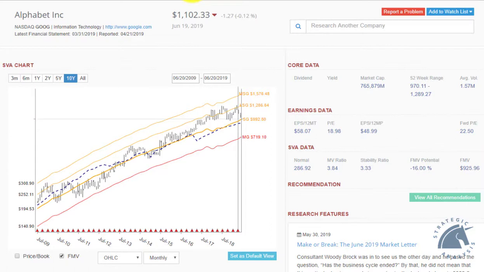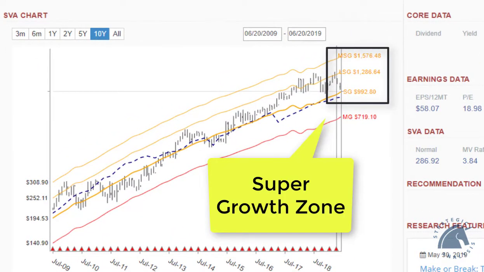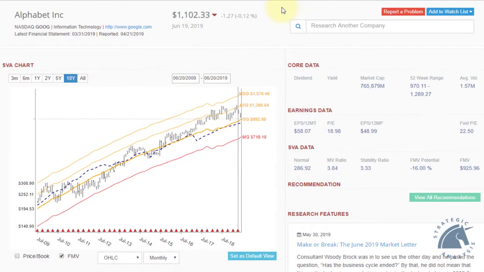The second zone, which we have delineated by the orange lines here, we call the super growth zones. It usually contains companies that persistently grow in the region of about 15 to 20, maybe 22, 23%.